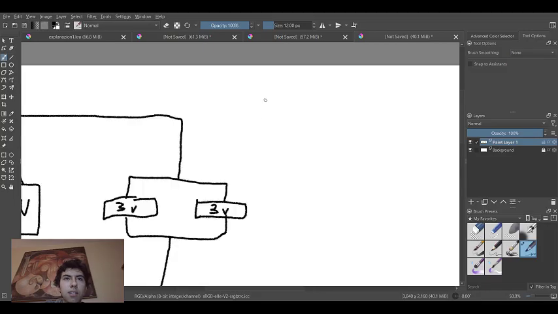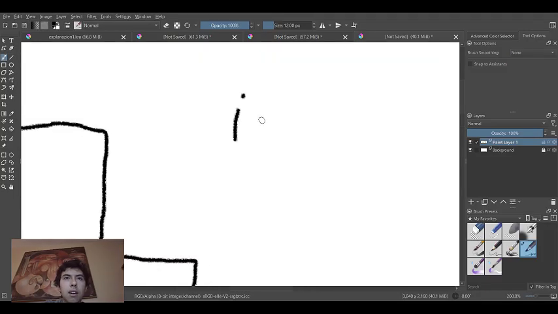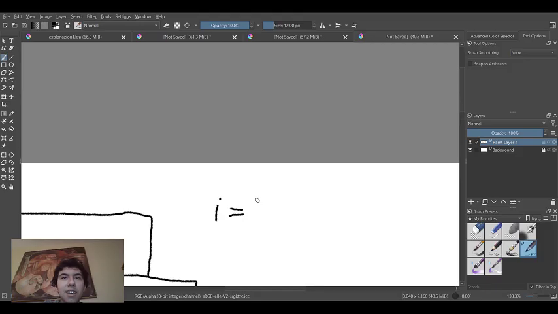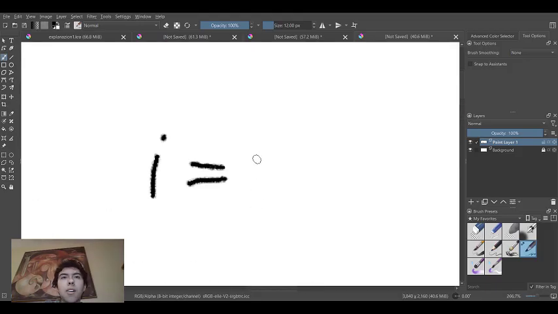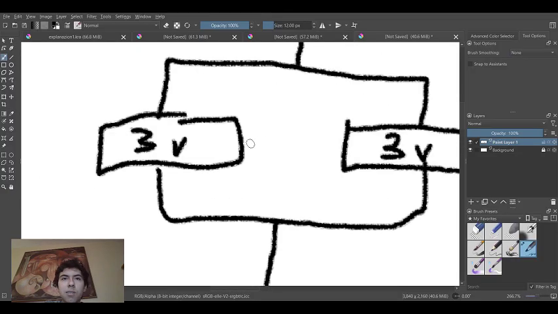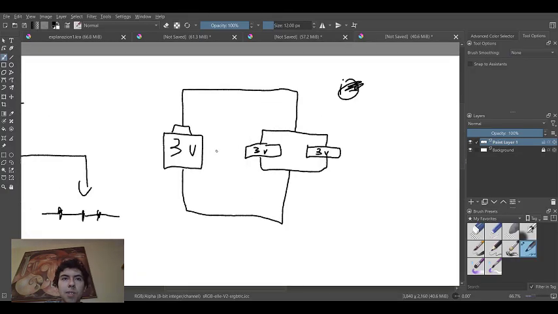Current is I equals... what was the current? Oh, okay, I equals V over R. I think we're going to see this later. That's fine. The voltage drop is going to be the same.